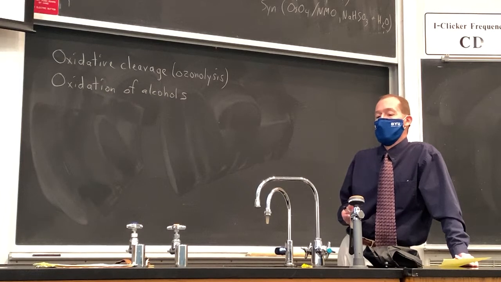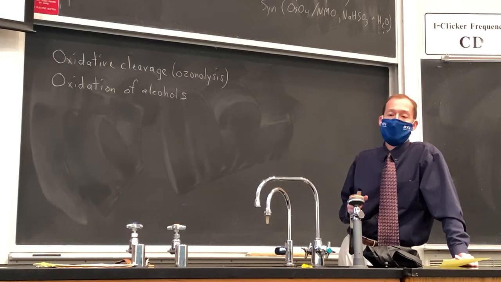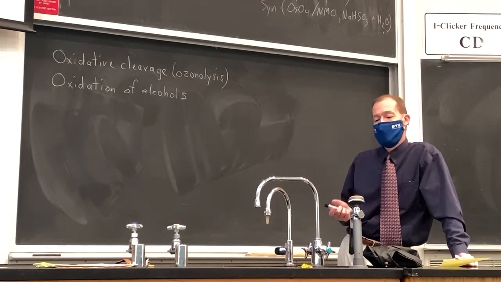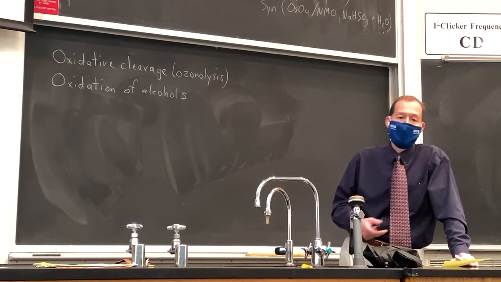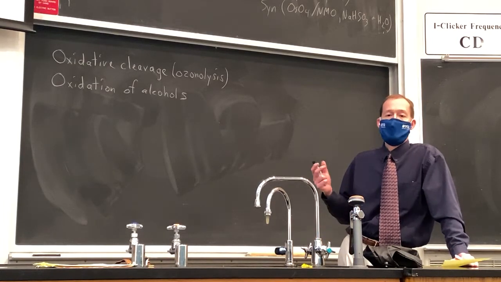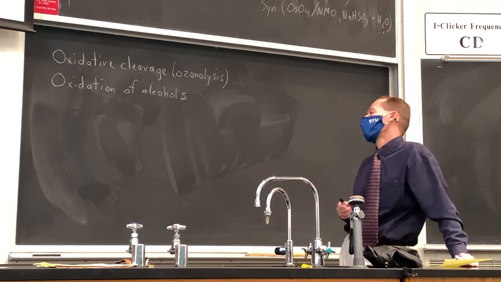And then you should also know why PCC gives us an aldehyde from a primary alcohol, whereas chromium trioxide or dichromate in the presence of sulfuric acid and water gives us a carboxylic acid.